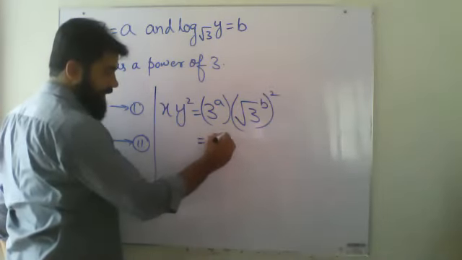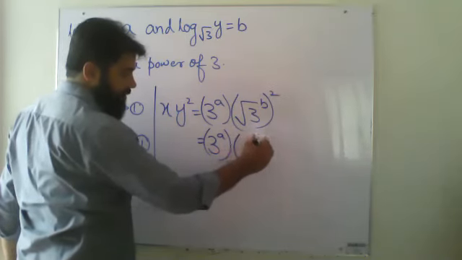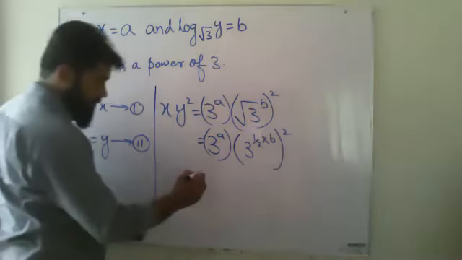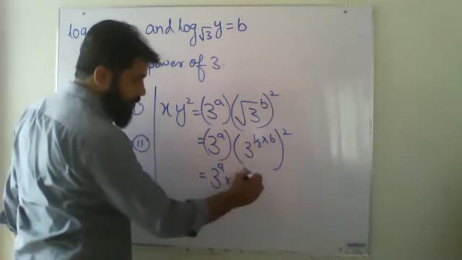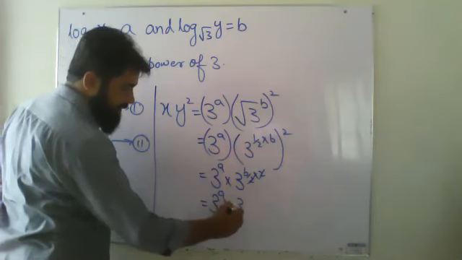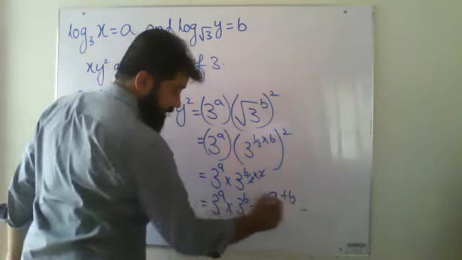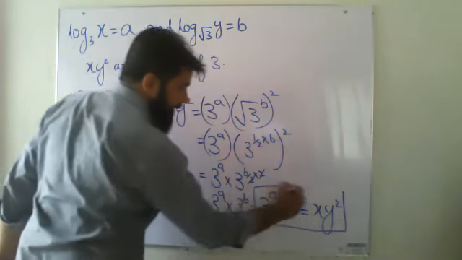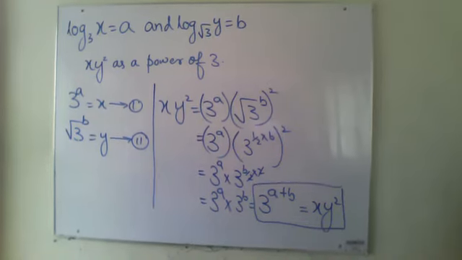So 3 to the power a and under root 3 can be written as 3 to the power half, multiplied by b, whole square. So 3 to the power a multiplied by 3 to the power b over 2 multiplied by 2. 2 and 2 will be cancelled. 3 to the power a into 3 to the power b, and when I simplify it further, it will become 3 to the power a plus b, which is basically x y square. It means x y square can be represented as 3 to the power a plus b in this question.